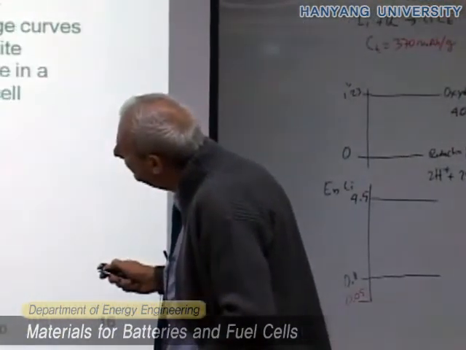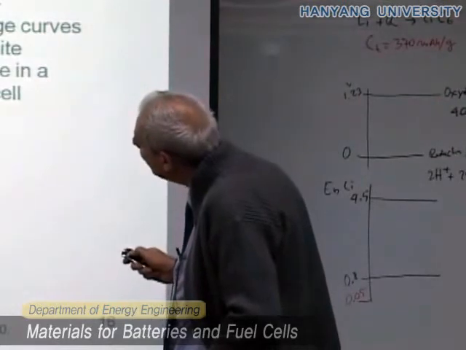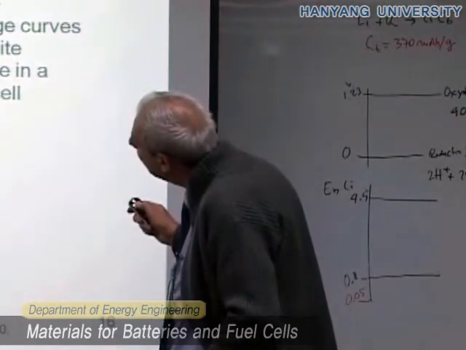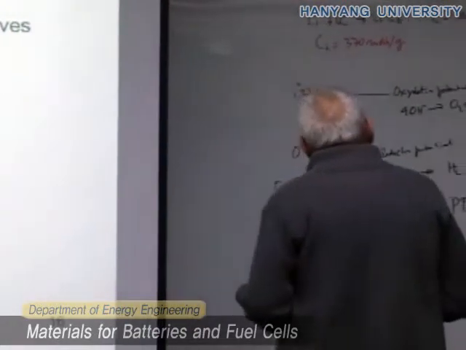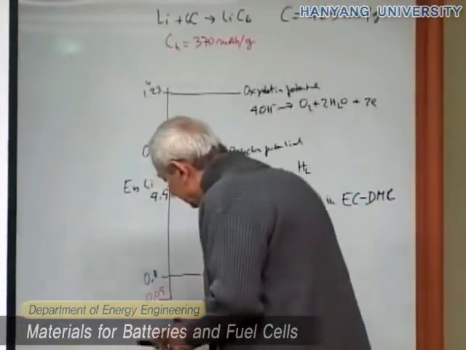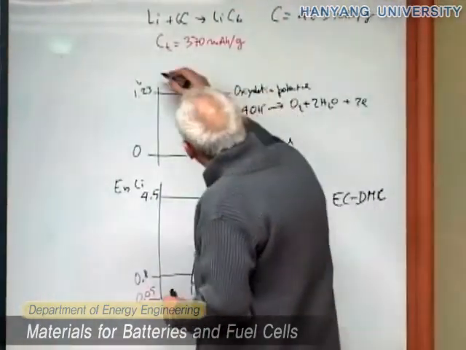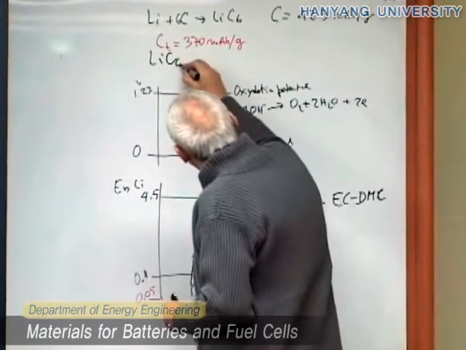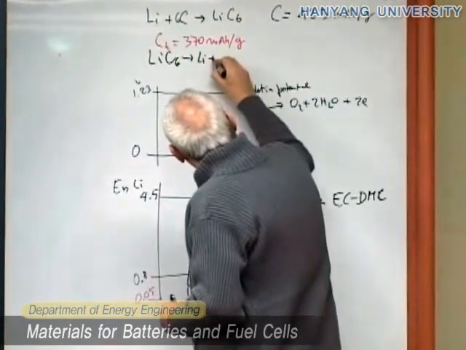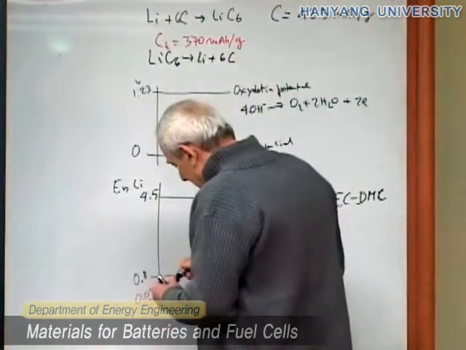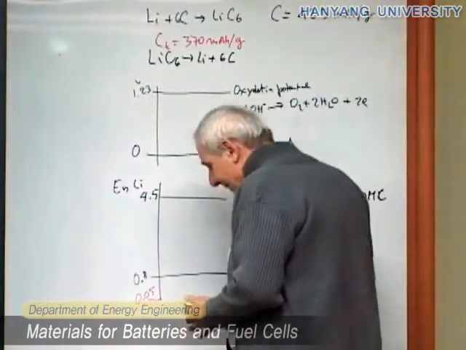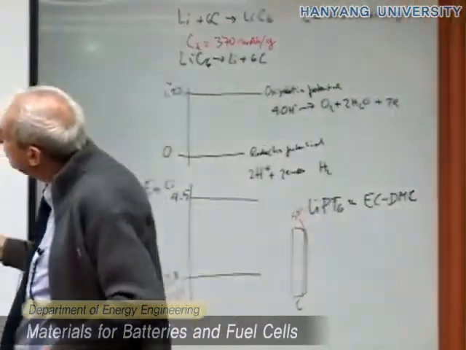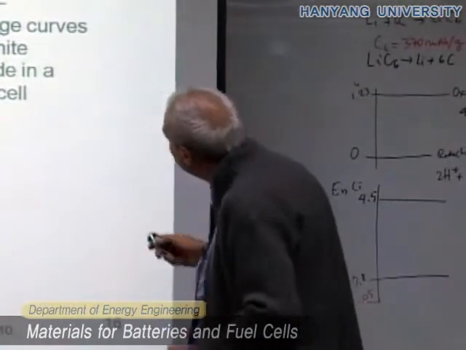when we go back and charge the electrode again, namely we go to this process now, we see that the capacity is going to the right value, namely 370.